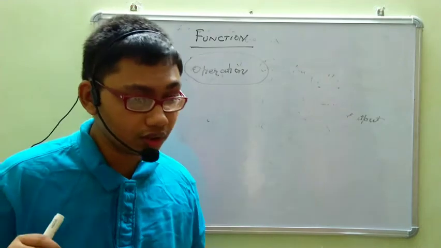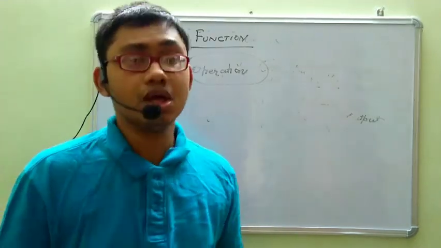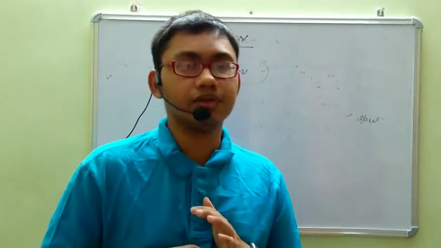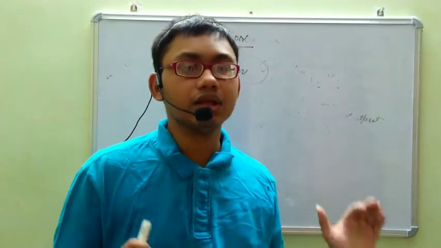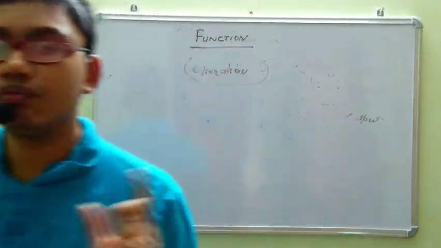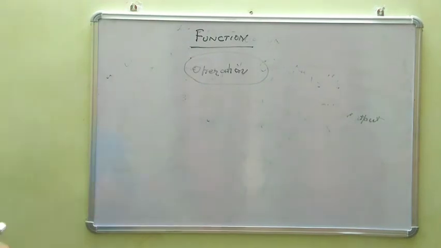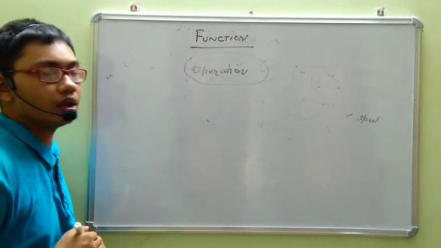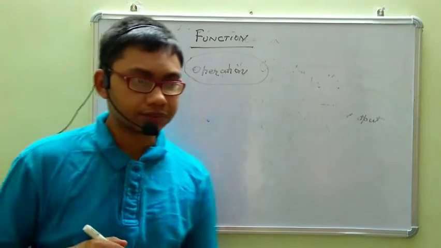There are many functions which have many outputs, but in mathematical language we only take one output for one input. One output for one input. This is what we take in mathematics.